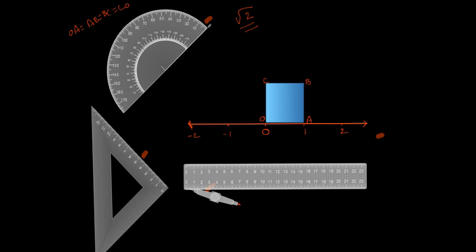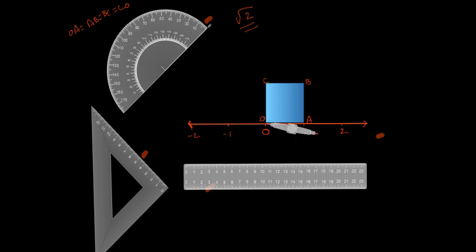In this unit square, you may draw in your notebook like this. After that, you take a compass and a protractor. First we take a compass, and you put it like this.